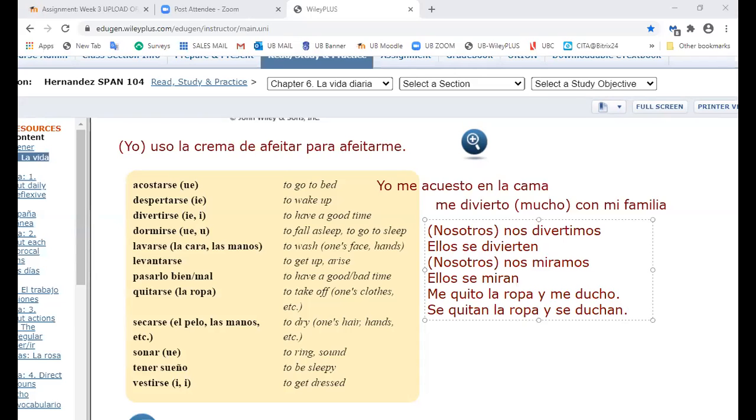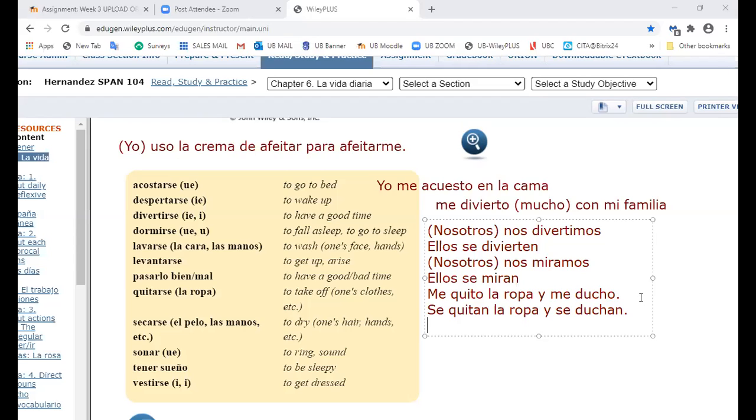So, ¿tienes sueño? Yo tengo sueño, mucho sueño. ¿Tienen sueño? No. It'll be no tengo.